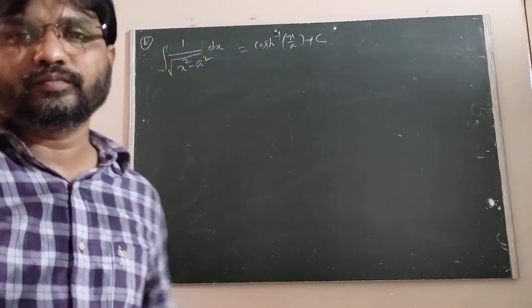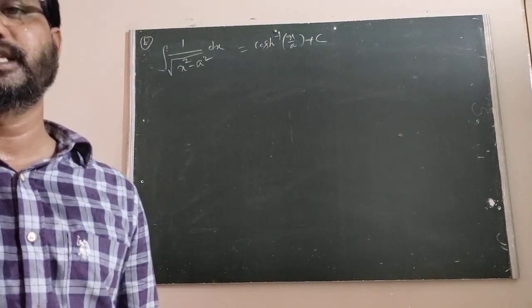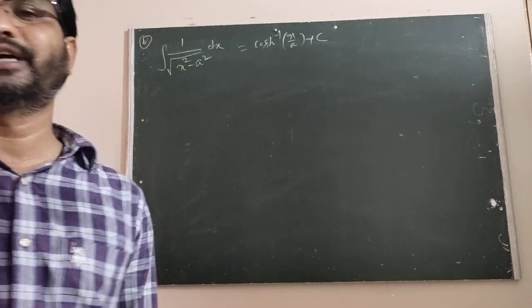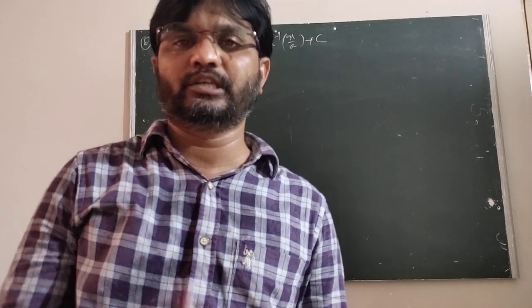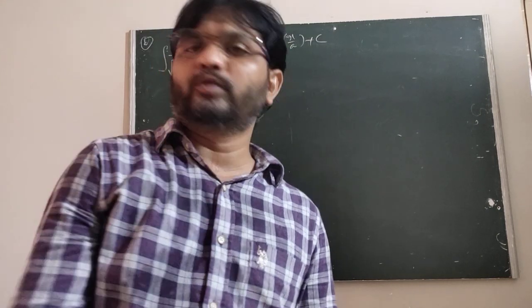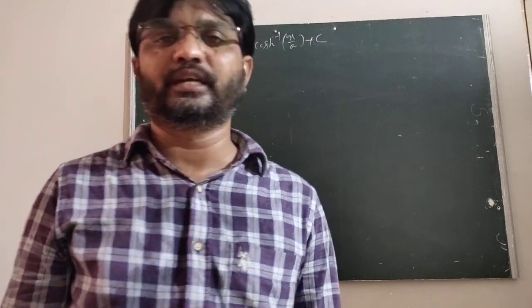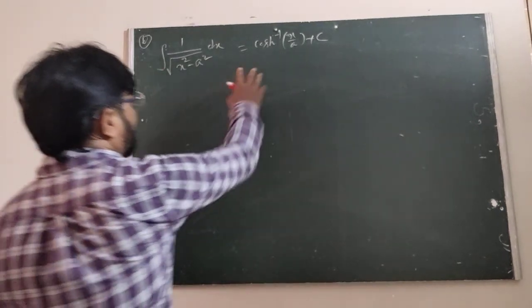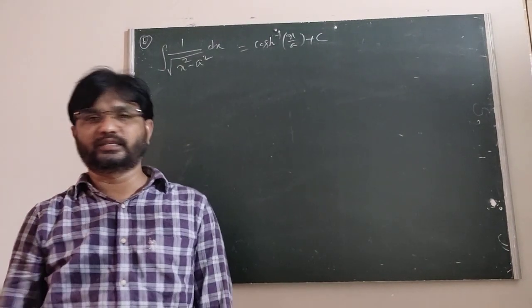Here, the suitable substitution is x equal to a cos h theta. We can take either x equal to a secant theta, or a cosecant theta, or a cos h theta. But we observe that on the right hand side cos h inverse of x by a is there.